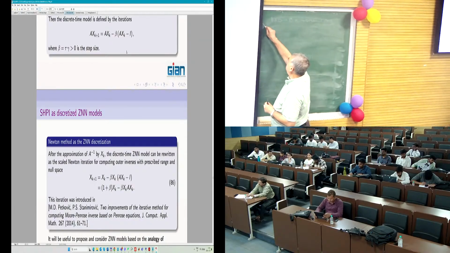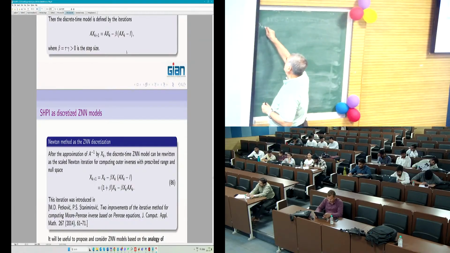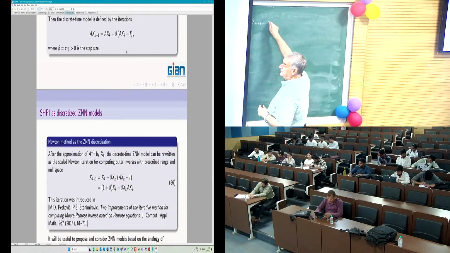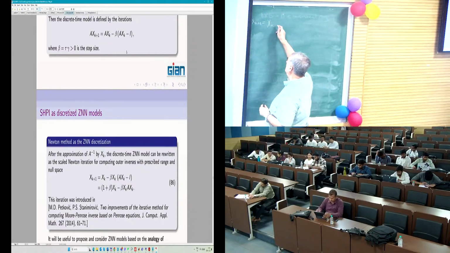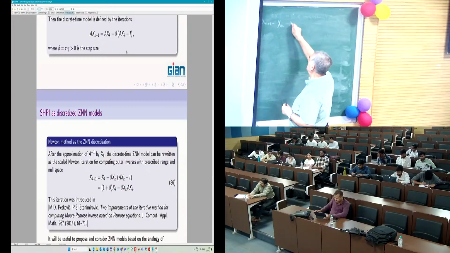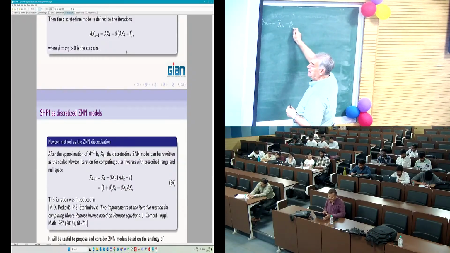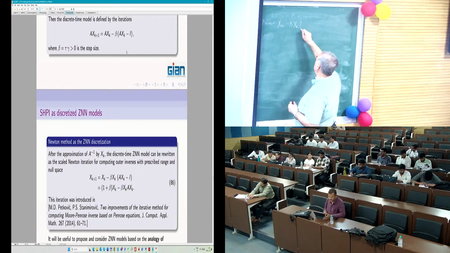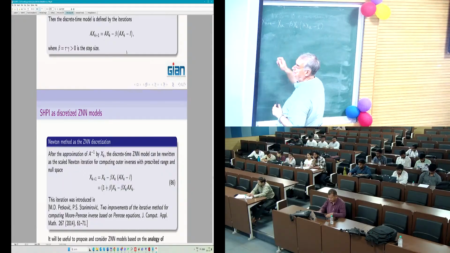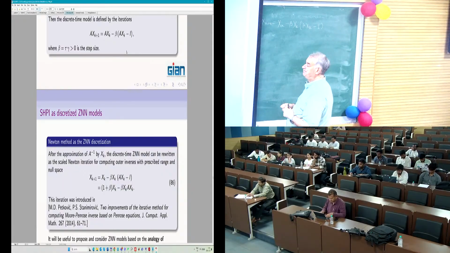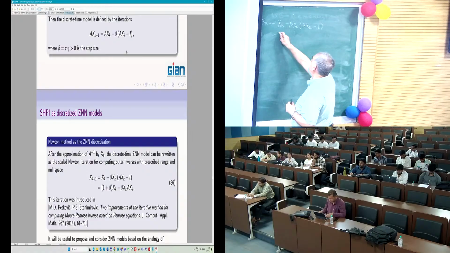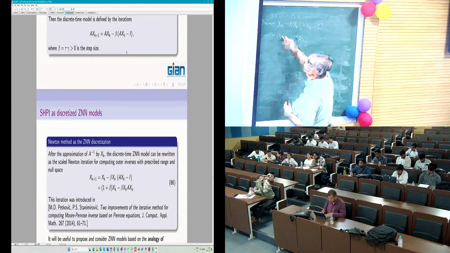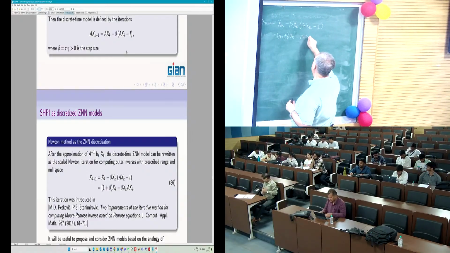The result is: new iterative value equals old iterative value minus beta, where A minus 1 is xk, A xk, minus beta xk A xk.